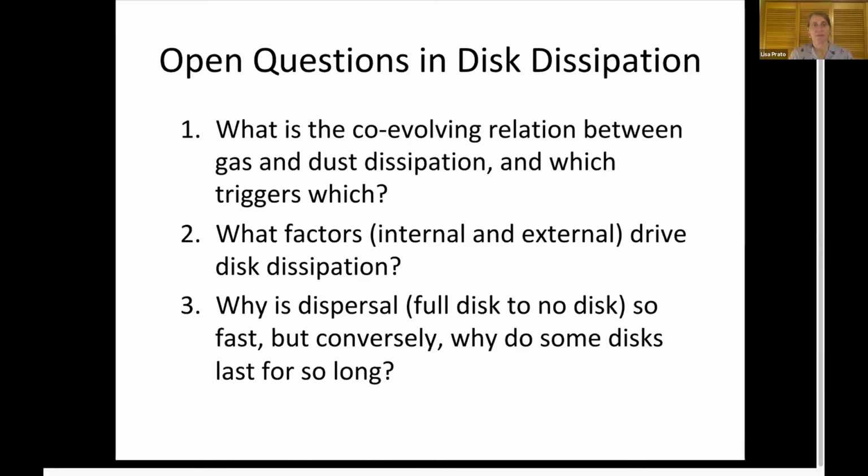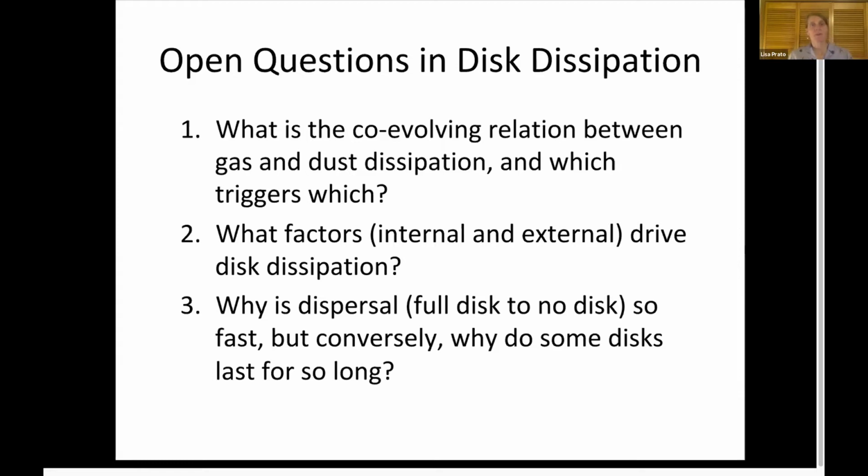You still have both in some cases, but you also see places where there's gas and no dust, or dust and no gas, even in the transition disk. So that's one open question. Another one is, what are the things that are driving the disk dissipation, and why sometimes you go from full disk to no disk very quickly, and in other cases you have disks that live for a long time.